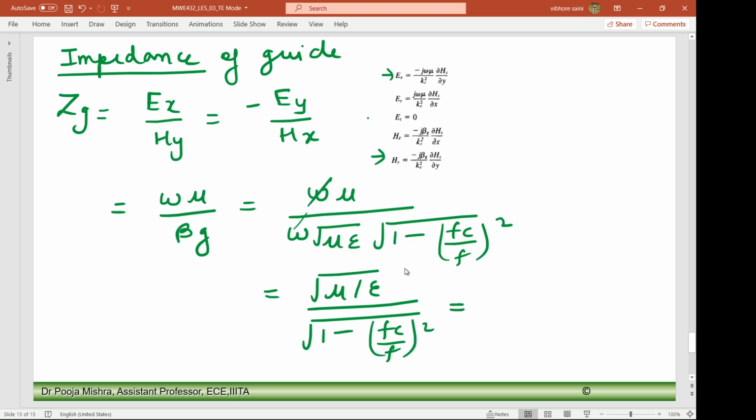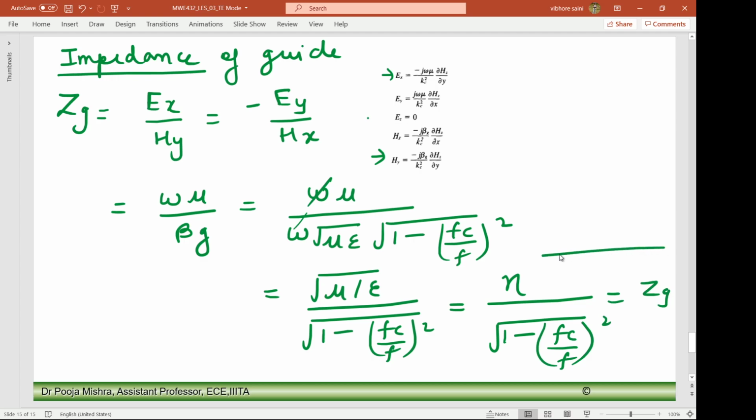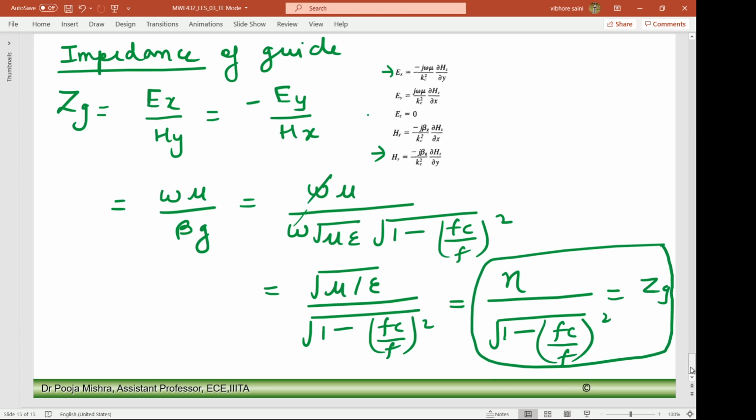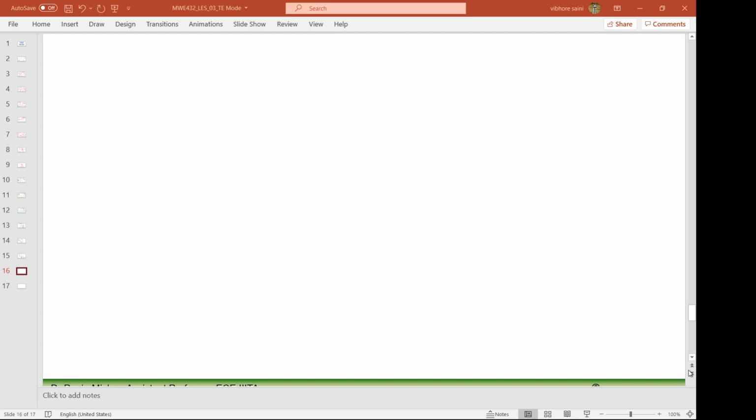This under root mu by epsilon is intrinsic impedance, eta, so eta divided by under root 1 minus (fc by f) whole square is equal to Zg. Next comes the guide wavelength, lambda g is equal to lambda over under root 1 minus (fc by f) whole square.